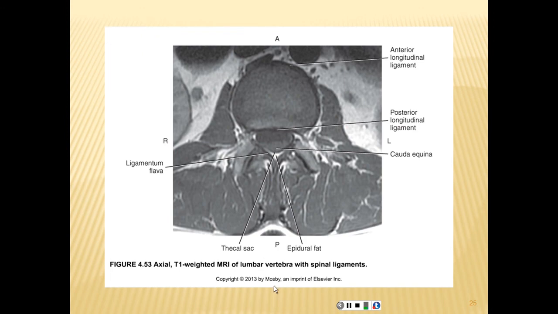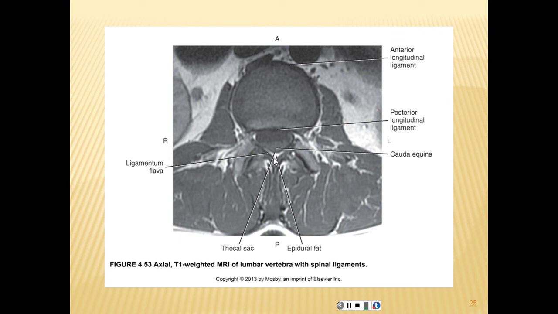T1 weighted MRI of the vertebra with the spinal ligaments. Image can be found on page 200. Again, you want to know all the anatomy here. And a new term here, we've got the ligamentum flavum, the dark line right there.